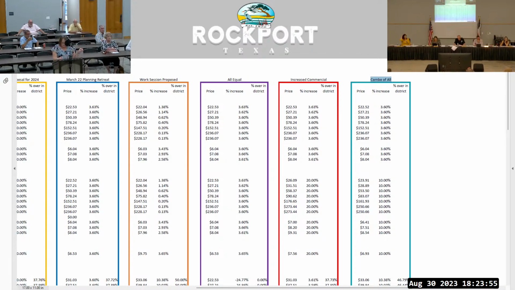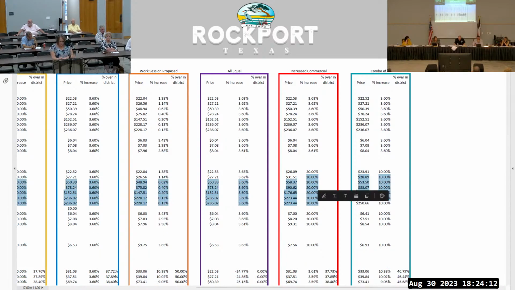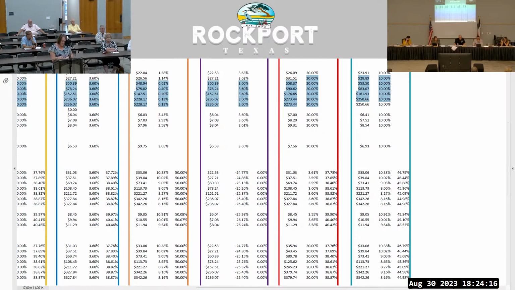Does that get us to the red column? It is the red column, that's what says increase commercial. It keeps the same rate of increase on in-city and out-of-city, keeps the same differential between in-city and out-of-city, and puts the 20% on commercial. So that's the red column.